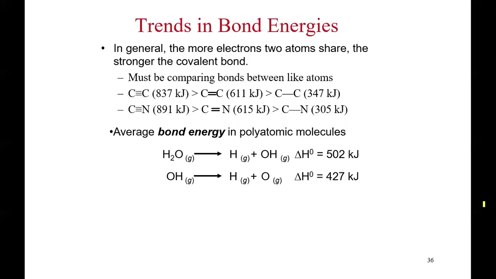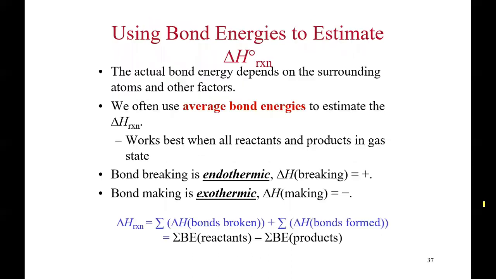In other words, once you've broken one of the bonds, the other one is not necessarily going to have the same bond energy. And so what we do typically in these cases is we average over different bond energies, and we will put on the table the average energy of an O-H bond, assuming that even though they're actually different, for this calculation, the average is enough.